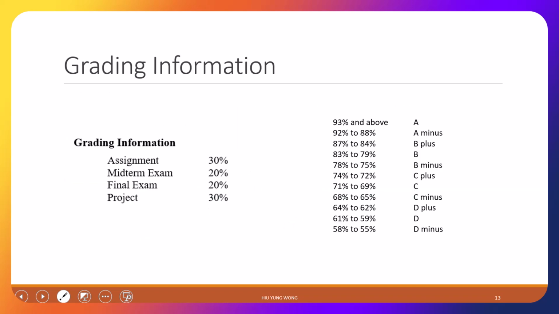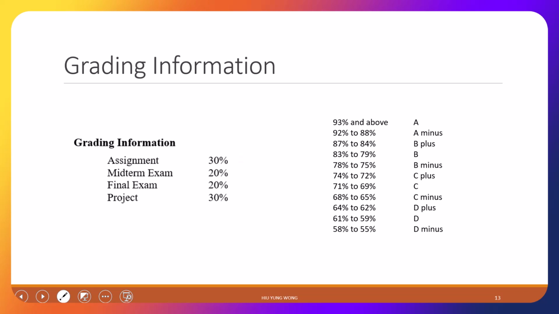Regarding the grading, you look at this structure. Assignment is 30%, right? Midterm and final are 20%. What does it mean? And project is 30. So you see, this class really grades based on your effort in participation.